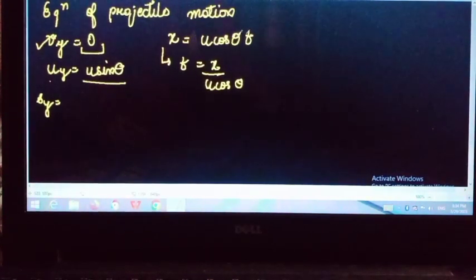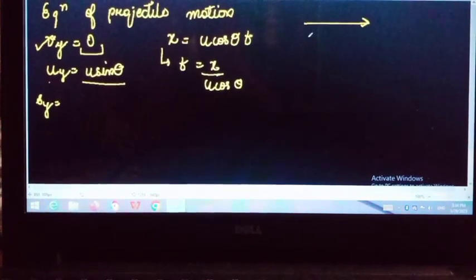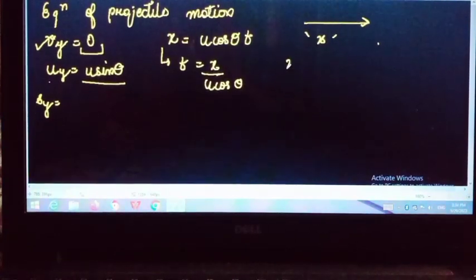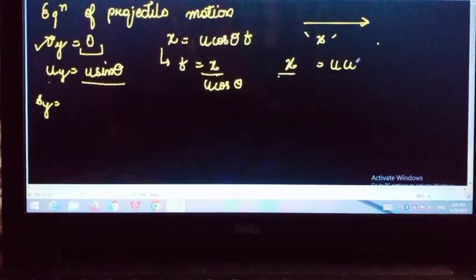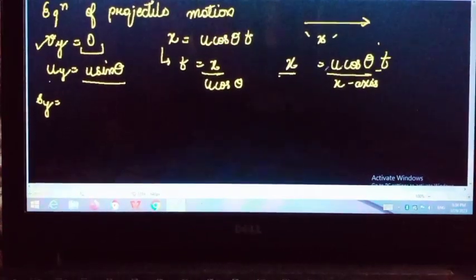Now if we consider the projectile has traveled x distance on the x-axis, the distance is x and the speed is u cos theta on the x-axis, and the time is t.